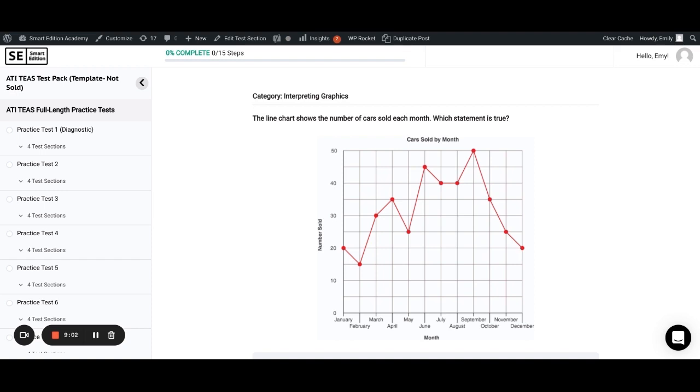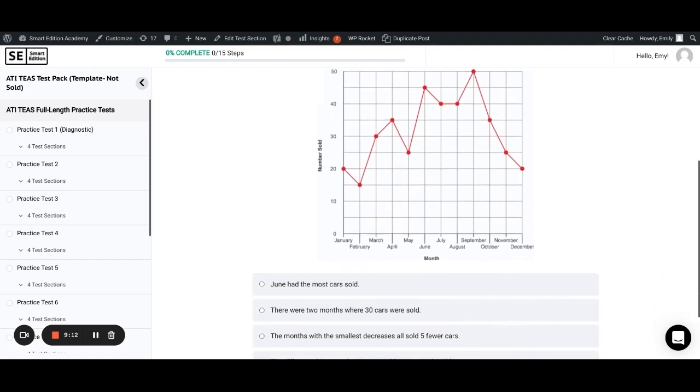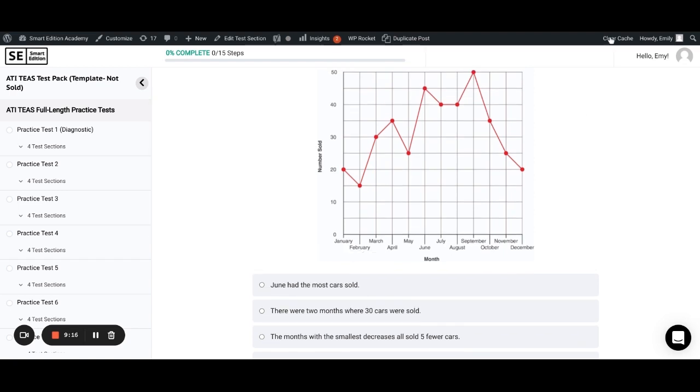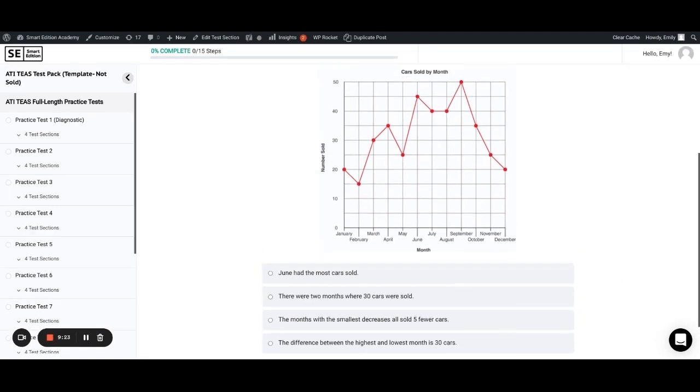Okay, next question. The line chart shows the number of cars sold each month. Which statement is true? Okay. I'm going to adjust my screen size here so you can see everything, and then I'm also going to read it out loud. So the top of the line graph says cars sold by month, and then it shows the graph.